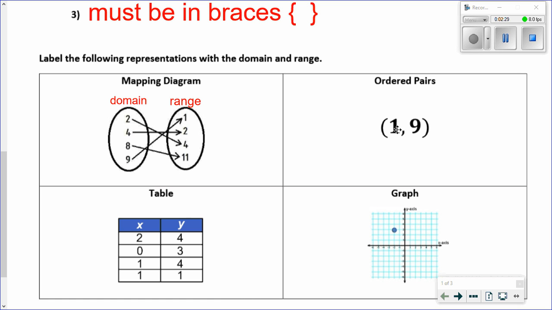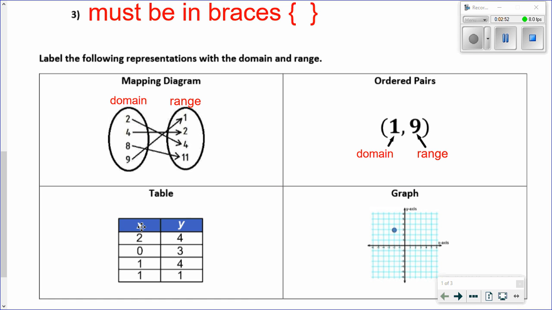In an ordered pair, the first number of the ordered pair is your x value, so all the first numbers will give you your domain. And the second number are your y values, so all the second numbers of the ordered pairs will give you your range. In a table, sometimes tables are labeled with x and y.